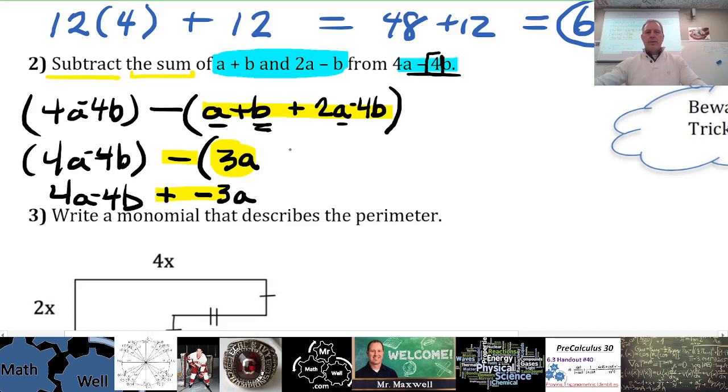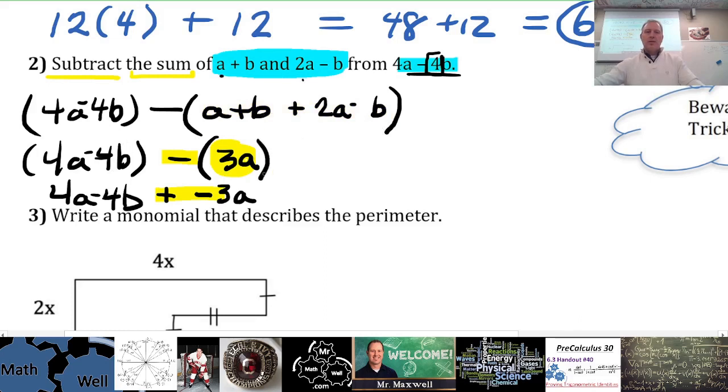That's all right. So b minus 4b then, so we've got a plus b, okay, this one does not change. Yeah, this one does not change, just the front one changes. So we've got a plus 2a is 3a.